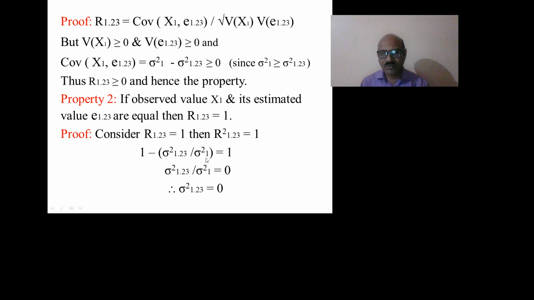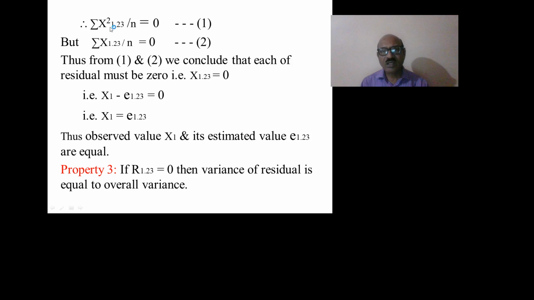What is sigma 1.23 square? Sigma 1.23 square equal to 1 upon n summation of x1.23 minus x1.23 bar whole square. But that x1.23 bar is equal to 0, and therefore it is only summation x1.23 square divided by n equal to 0. But we have already proved that the mean of x1.23 is 0. Mean means summation x1.23 by n, and therefore that is equal to 0.